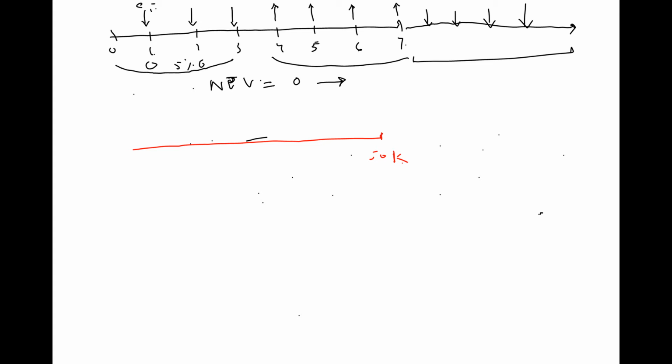And I am sparing 5K in the first year. Then in the next year, I'm sparing 10K, 10K, and this year I am sparing a certain amount which is not known to me. This is year 0, 1, 2, 3, 4, 5, with 50K at the end.